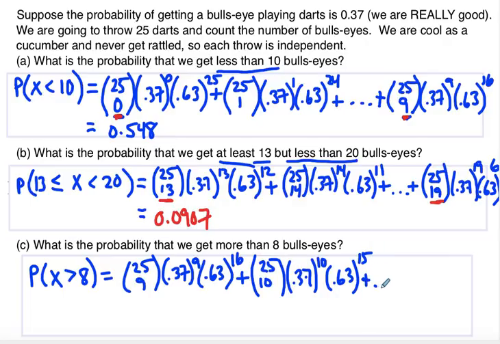Plus, dot, dot, dot, plus. What would be the highest this thing goes? If we're going greater than 8 and we're only throwing the darts 25 times, the highest would be 25. So then it would be 0.37 to the 25th, and it would be 0.63 to the 25 minus 25, which is 0. So on this one, the lower bound is 9 and the upper bound is 25.